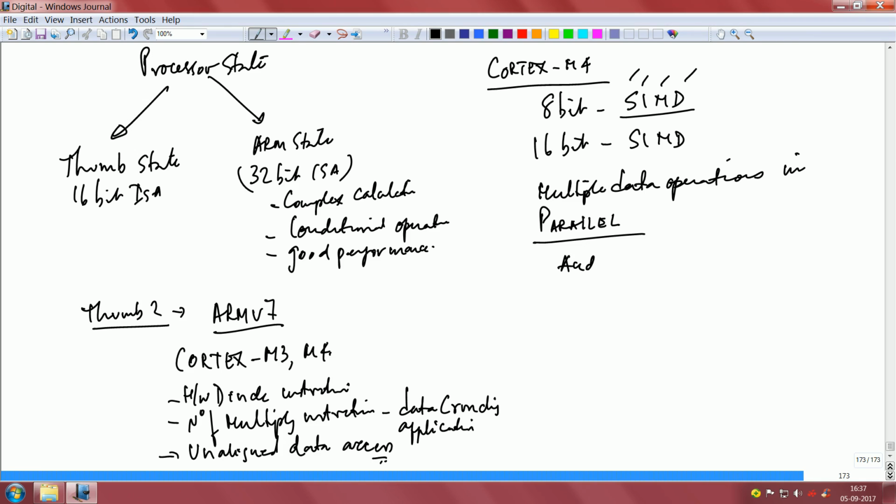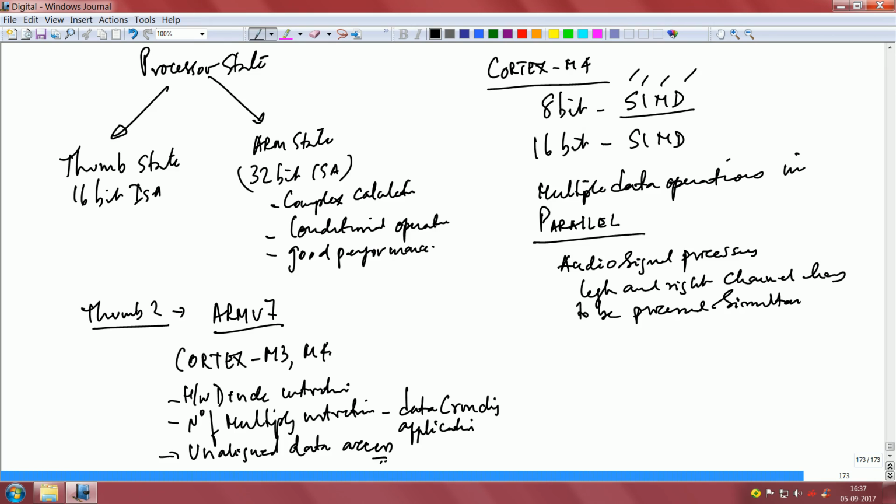Look at just audio signal processing. What do you do here? The left and right channel have to be processed simultaneously. This is what we mean, and for that you need these single instruction multiple data kind of instructions.